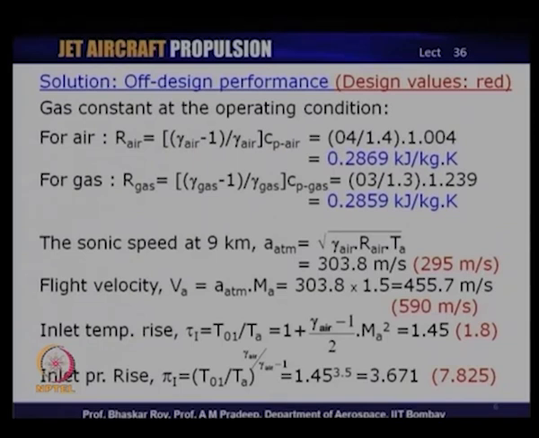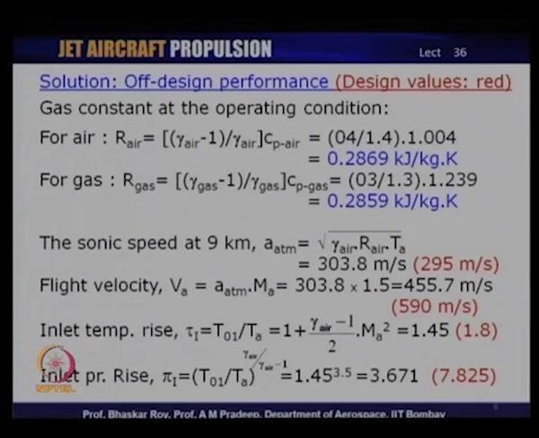To begin with, we can calculate the gas constants at the operating condition. We can do it both for air, ambient air, as well as for the gas, the combusted gas mixture of air and burnt fuel, and the combination gives us the gas constant R value.